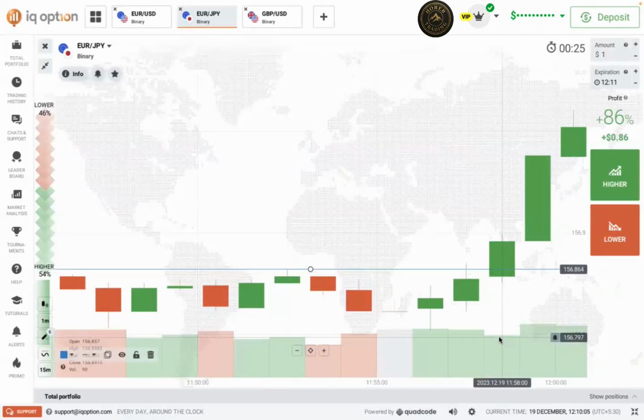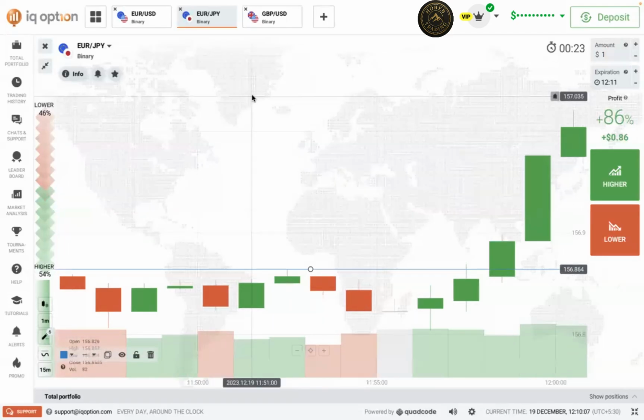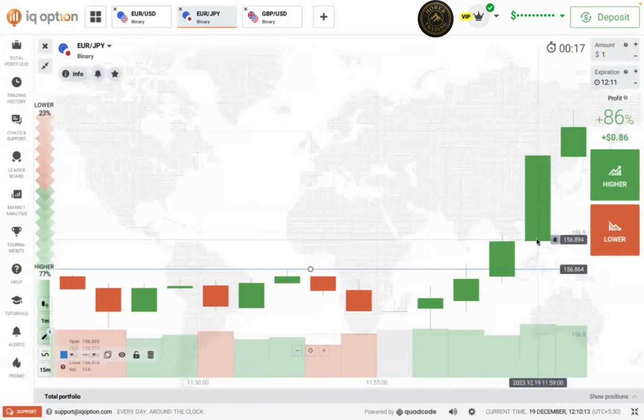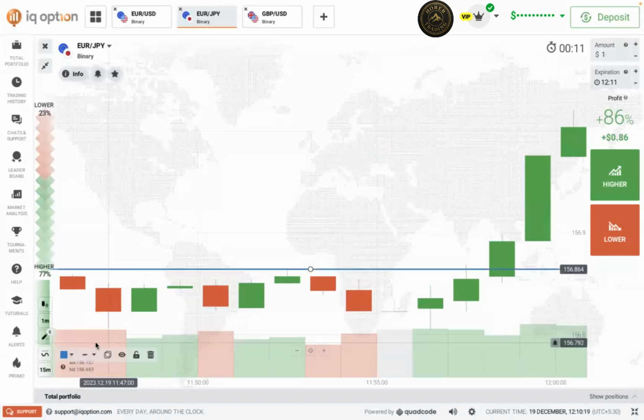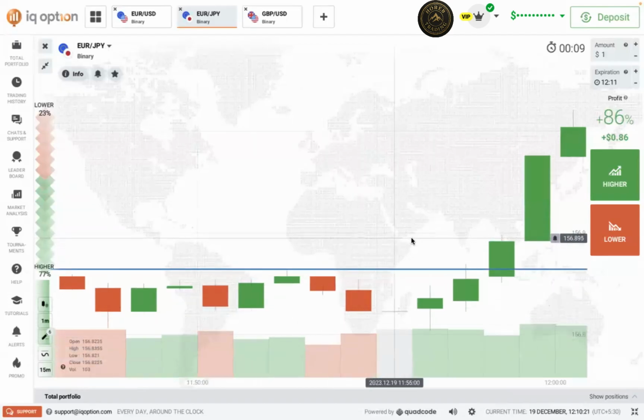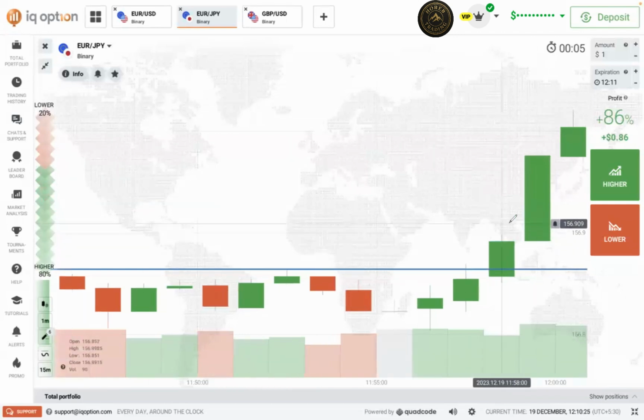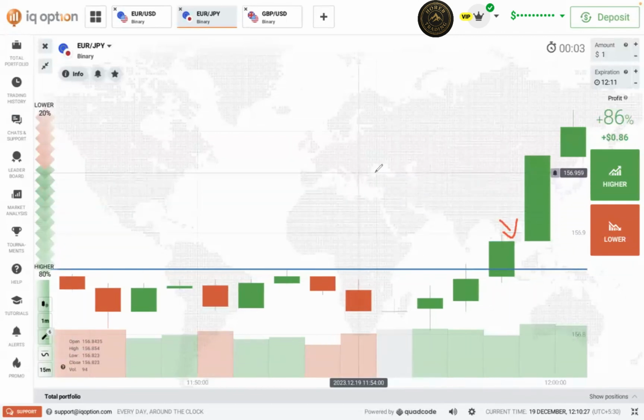Don't enter. You have to avoid bad habits. You can enter and you will win, but it's a bad habit. This is not a sign that you are a good trader. You will not succeed by doing that. You can win one trade, two trades, but you always lose. You fall into a trap.